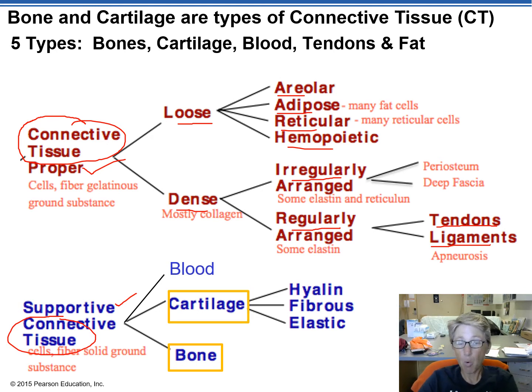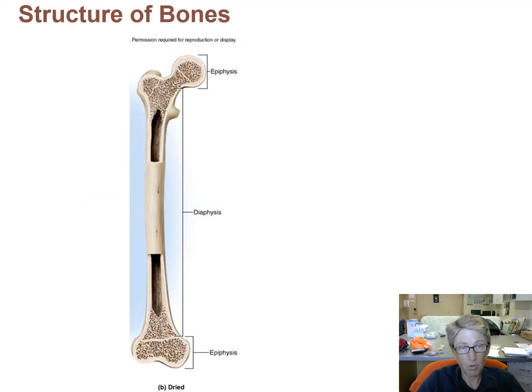If you are supportive connective tissue, you could be blood, you could be cartilage, and we went over the three types of cartilage: hyaline, fibrous, and elastic. Or the third type of supportive connective tissue is bone, which is the skeletal system, which is what we're focusing on. So let's look at the structure of bone.